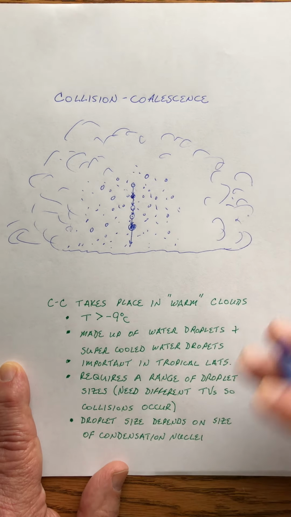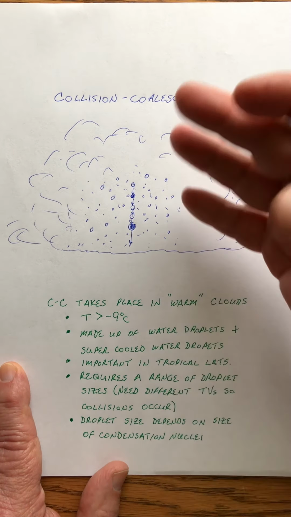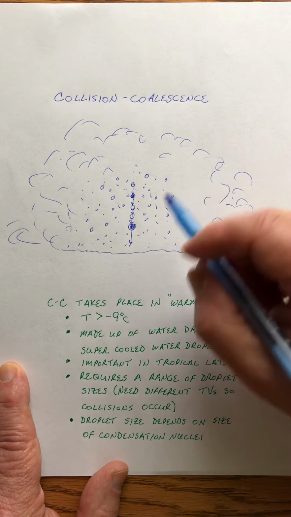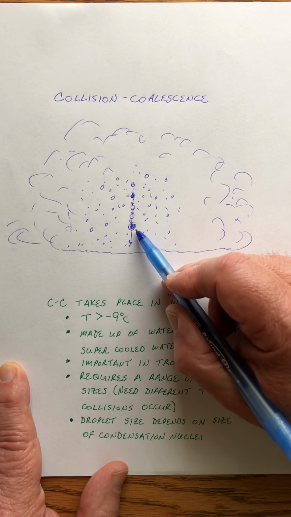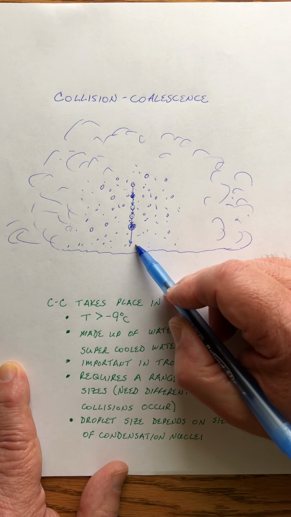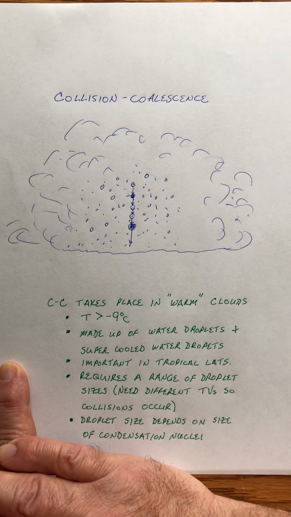And now its terminal velocity is really great. It overcomes the updraft, so it continues to fall through the cloud base. But now it's big enough where it's not going to evaporate. It's literally going to fall to the Earth's surface as a raindrop without evaporating. Okay? And that's the collision-coalescence process.